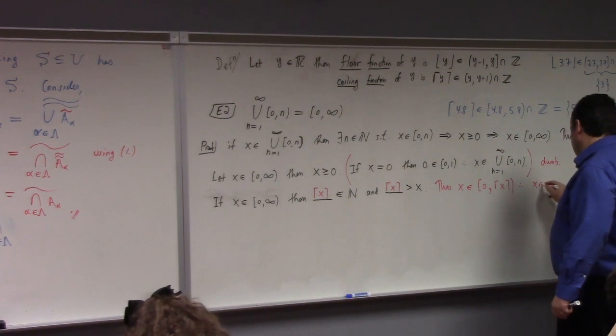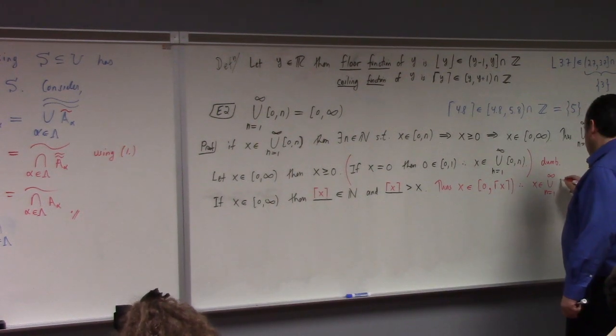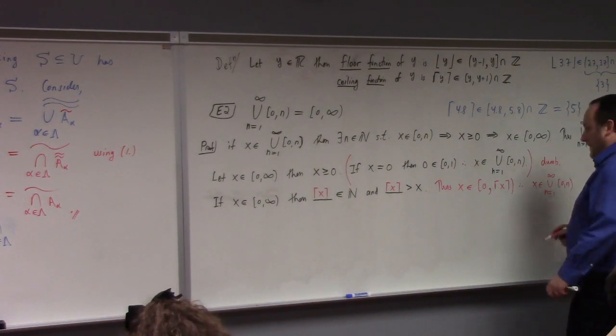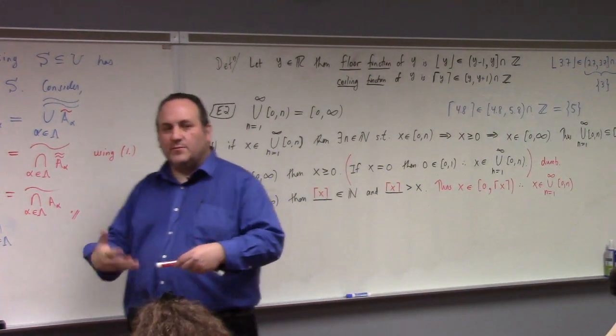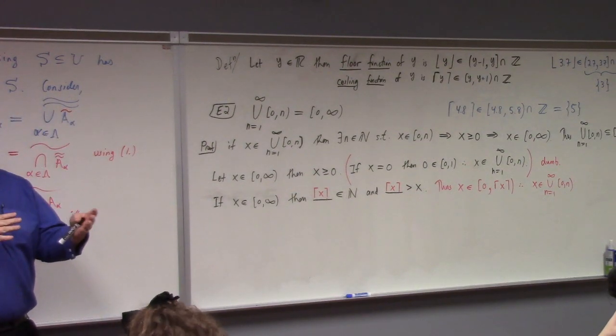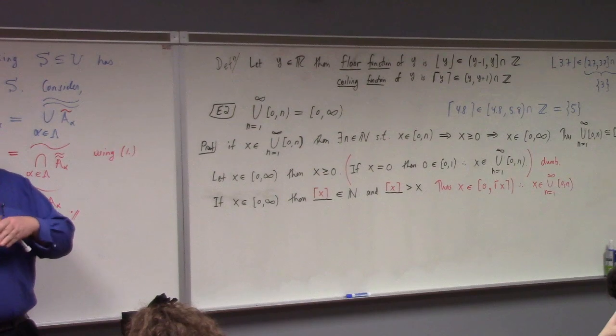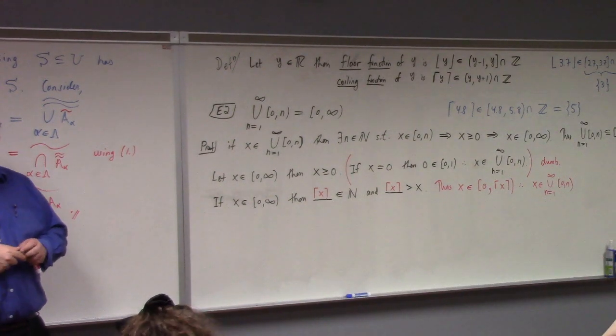Therefore, x is an element of the union from n equals 1 to infinity of [0, n]. In other words, let n equal the ceiling of x, okay? That's a specific natural number which x is in, and if it's in any one of them, it's in the union by definition of union, right?